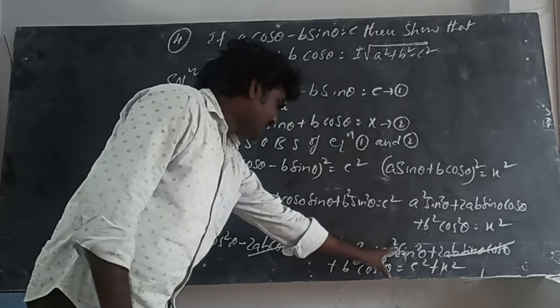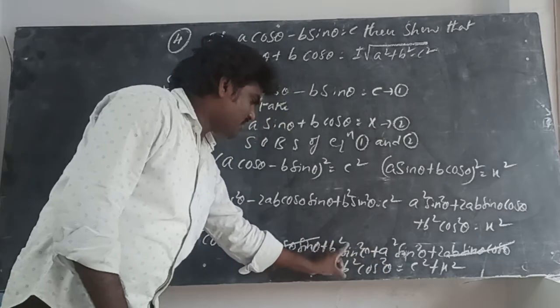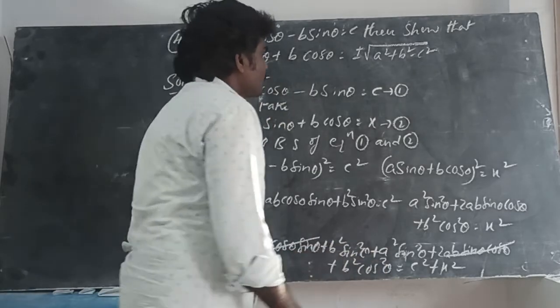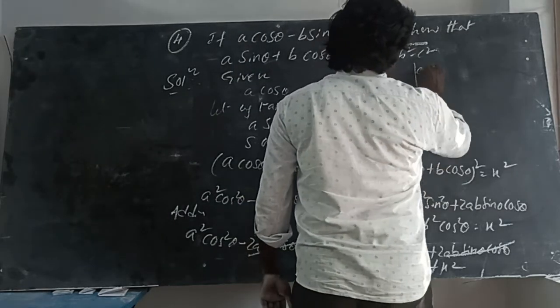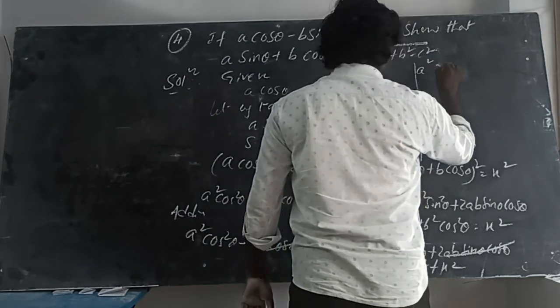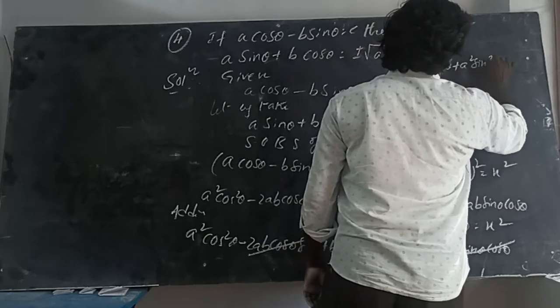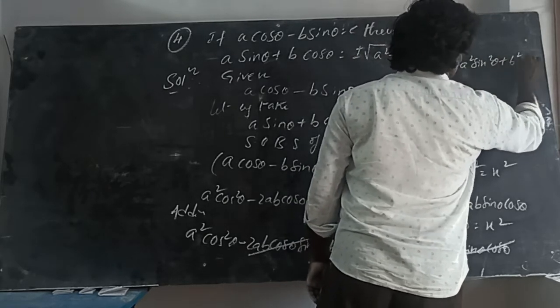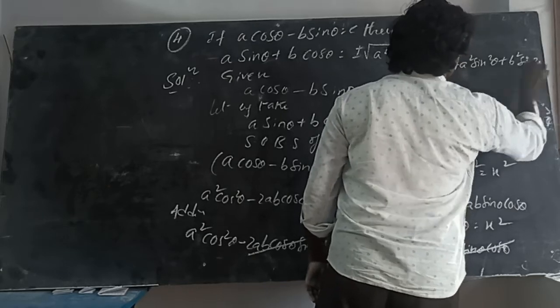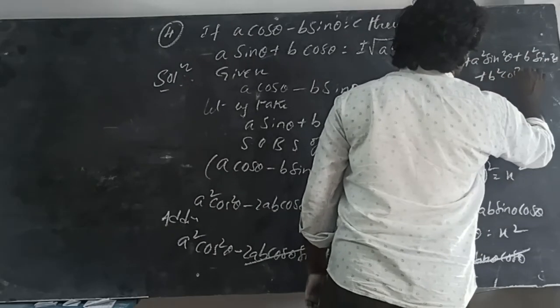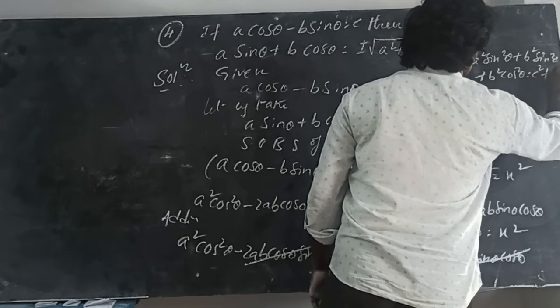In the first two we take A square outside, and in the other two we take B square outside. So A square cos square theta plus A square sin square theta plus B square sin square theta plus B square cos square theta is equal to C square plus X square.